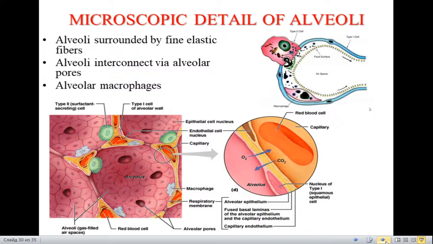They are interconnected by alveolar pores, and inside their cavity we have alveolar macrophages, which are responsible for protection of the lungs, killing and removing foreign substances.